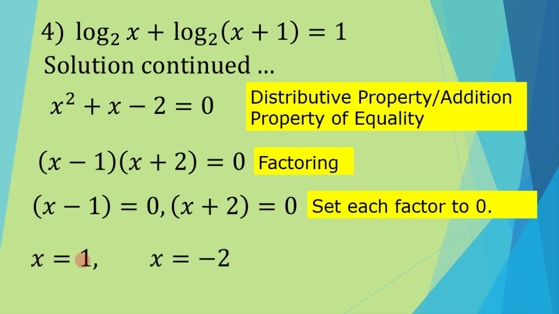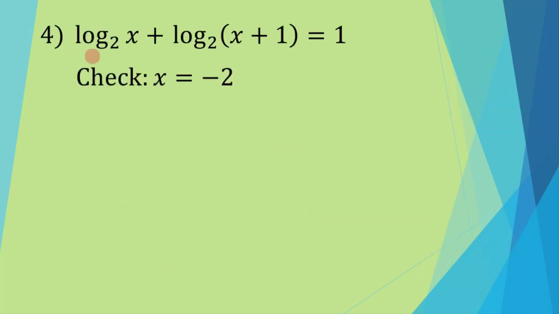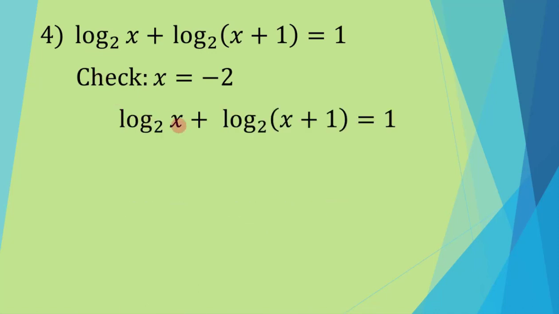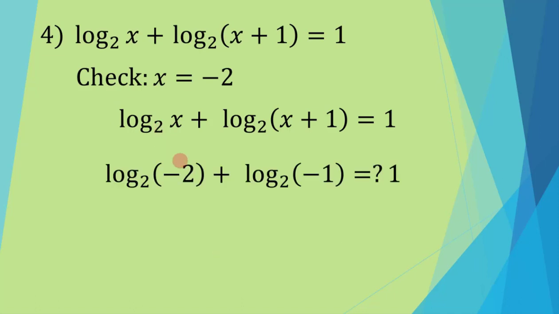So we found out x equals 1 and x equals negative 2. So either x equals 1 or x equals negative 2 is the solution to the given logarithmic equation. Let's proceed further for the checking. If x is equal to negative 2, we have here log of negative 2 to the base 2, it's negative.